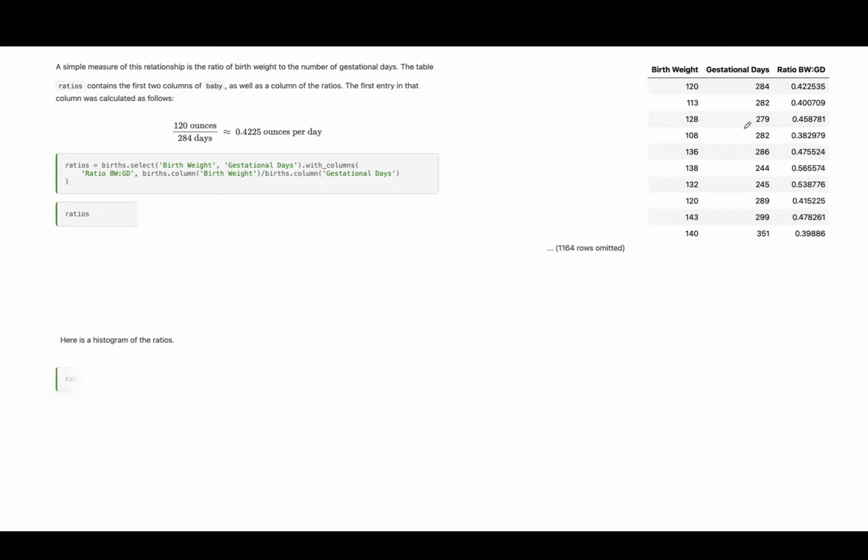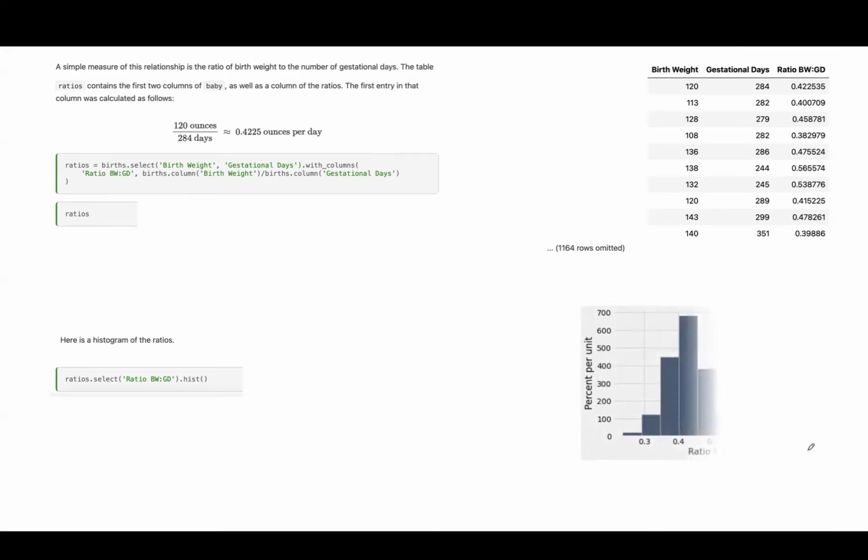Let's take a look at the histogram of the ratios as well. Visualization is always a good method to analyze the behavior of the data. What do we see here? On the horizontal axis, we have the ratio, and on the vertical axis, we have the percent per unit. So the center seems to be around 0.45.